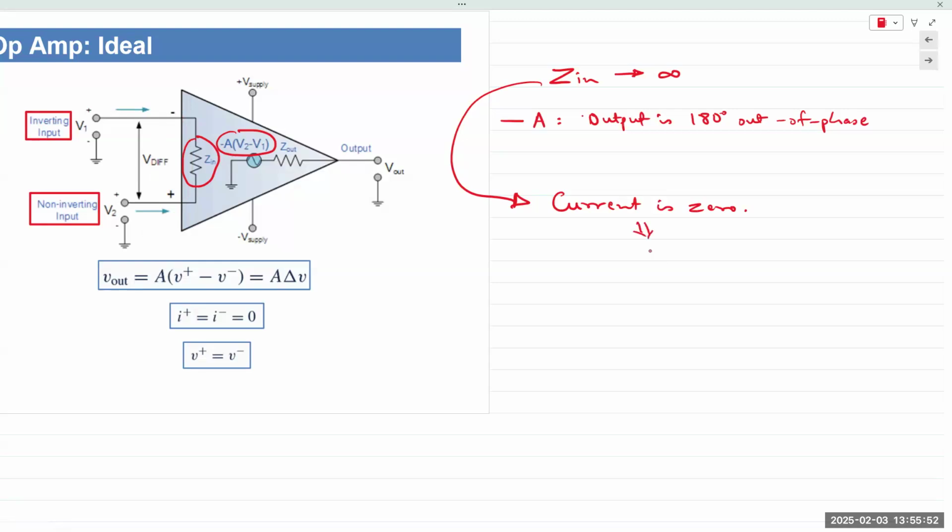Current is 0, so the voltage is also 0. In any circuit, when is a voltage considered to be 0? When both points are at the same potential. And if you recall, what do we replace a voltage source with when we reduce it to 0? A short. So if voltage is 0, we can say a short exists between the 2 terminals.